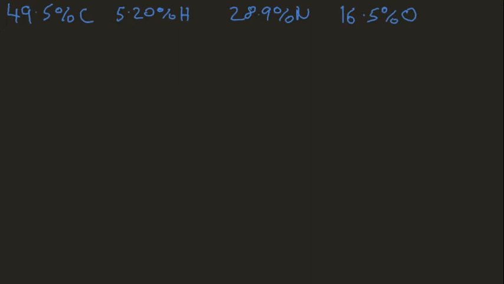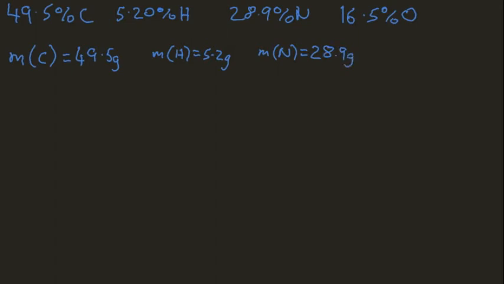So what that means for us is that our mass of carbon is going to be equal to 49.5 grams, and that our mass of hydrogen is going to be equal to 5.2 grams, and our mass of nitrogen will be equal to 28.9 grams, and finally our mass of oxygen is equal to 16.5 grams.